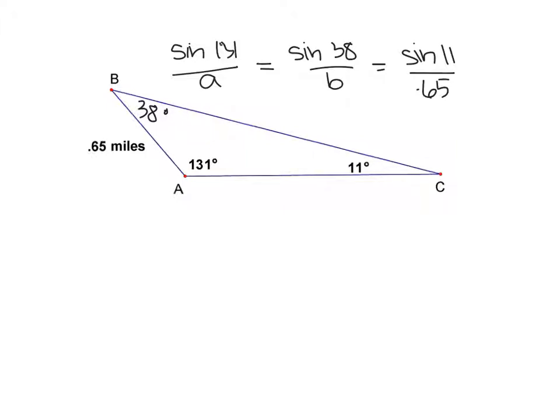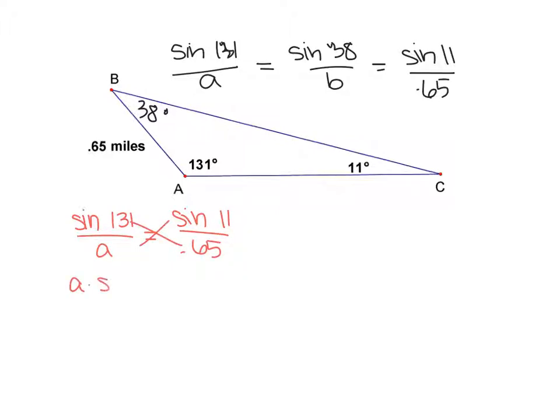Since we are given side C, again set up the first ratio to help us solve for side A. Sine of 131 over A equals sine 11 over 0.65. Again, we cross multiply.